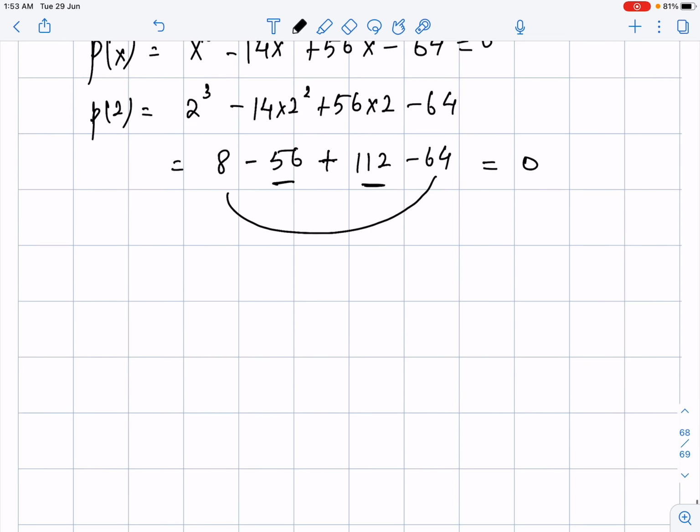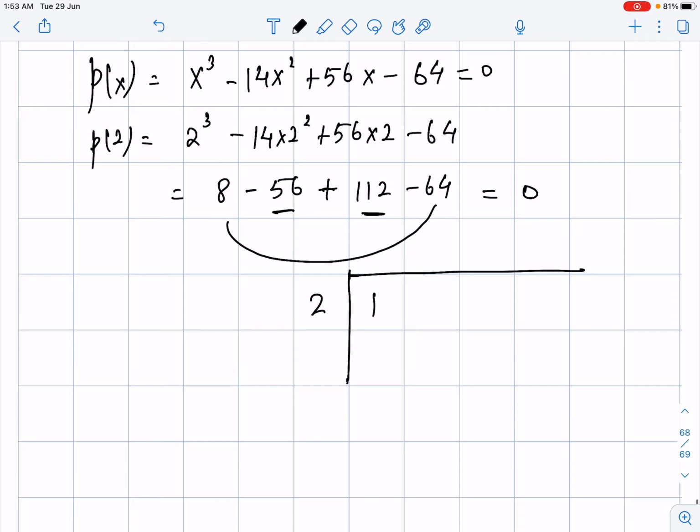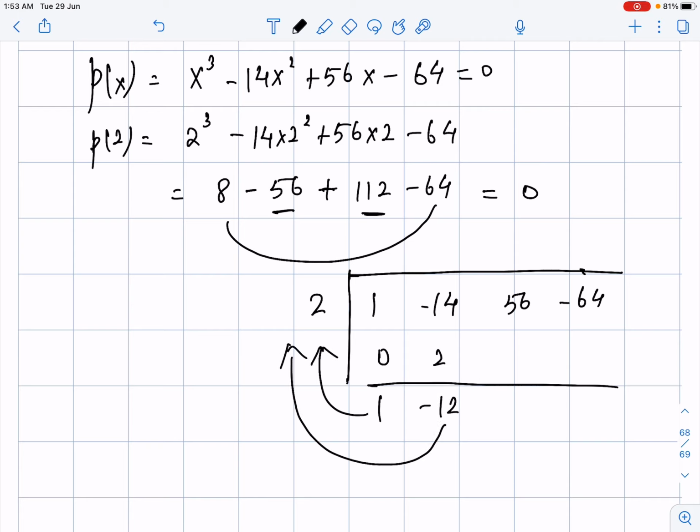So x minus 2 will become factor of this polynomial. So I would have to divide my polynomial by x minus 2. So let's do synthetic division. Write the coefficients of polynomial: 1, minus 14, 56 and minus 64. So 0 will be written by me for first time over here. 1 times of 2 is 2, minus 12 multiplied by 2, minus 24 will come.